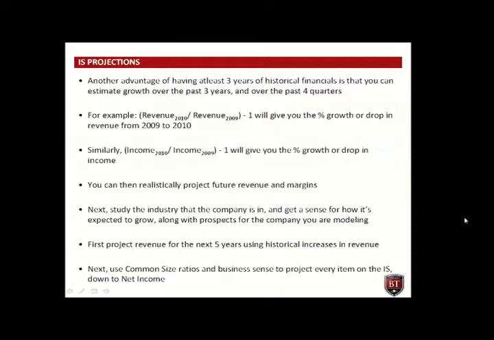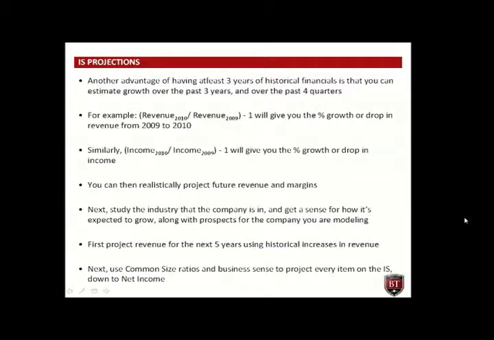Now, another advantage of having historical financials is that you can then estimate growth going forward by looking at what happened in terms of year-to-year or quarter-to-quarter growth in the past, or income increases in the past.